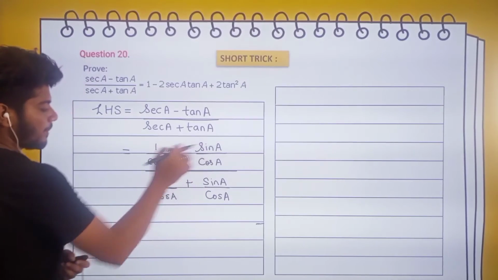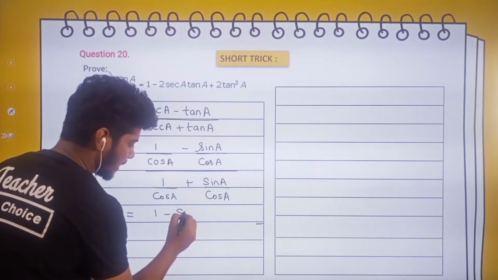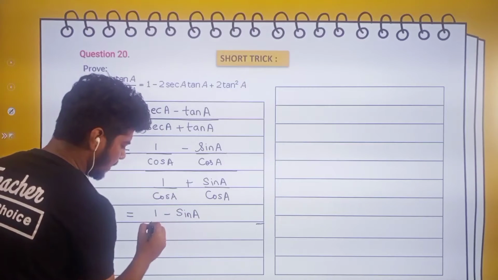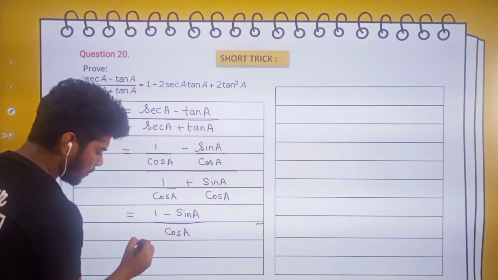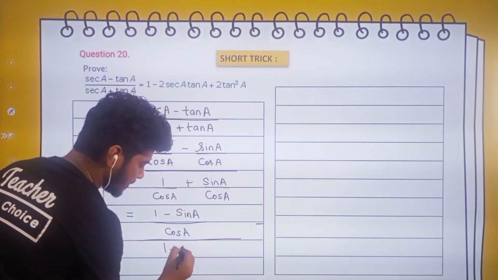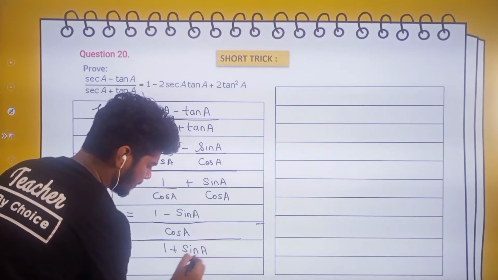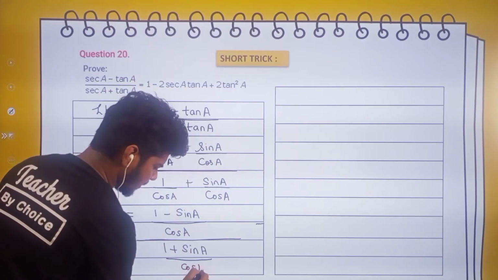So what you need to do, 1 minus sin A, this is 1 minus sin A upon cos A, right? Whole upon what? 1 plus sin A, 1 plus sin A upon cos A, right?